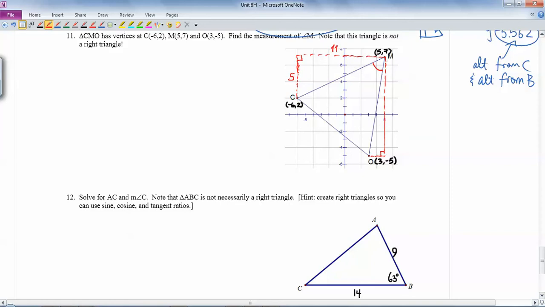And then the vertical part of this long, thin triangle on the right, it goes from 7 to -5, so those are 12 apart. And from 5 to 3, that's 2 apart horizontally. So what I can do is solve for angles in the red triangles here and here, right?